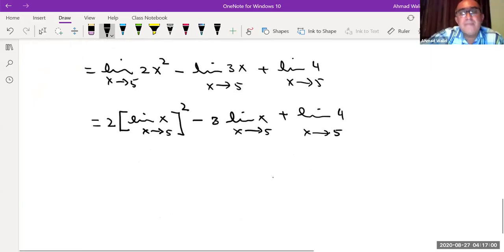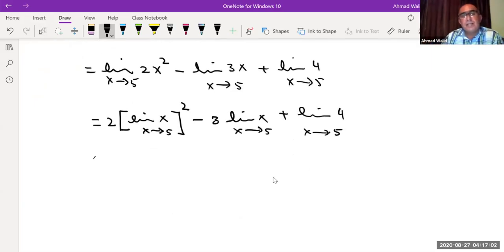Now simplify. Keep the 2, which is outside, times the limit of x as x approaches 5, which gives you 5, because you have a square, but the square is outside here. Minus 3 times the limit of x as x approaches 5, which gives you 5. Plus the limit of a constant is the constant. Limit of 4 as x approaches 5 is 4. Now simplify.